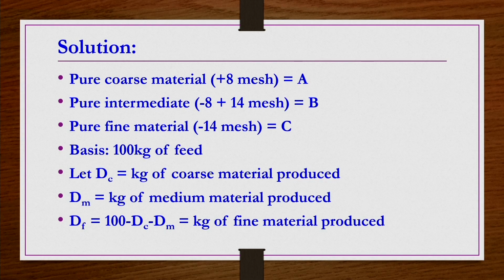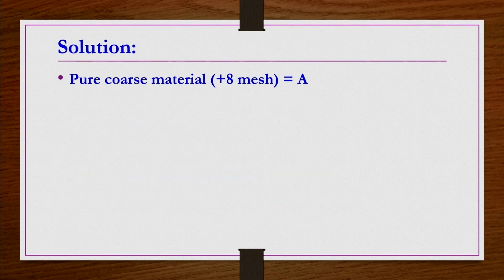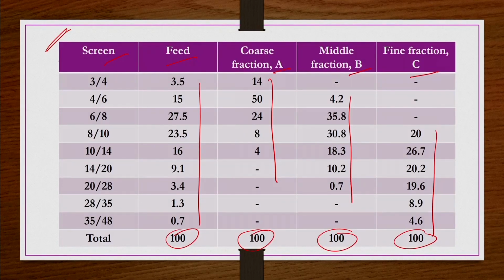Now, we just get back to the screen analysis here. The feed is containing all three materials. Similarly, coarse fraction is also containing all three materials. It may have coarse material, medium material, and fine material also, because 100% separation is not taking place by any type of screen, right. Same is true for the middle fraction, same is true for the fine fraction also.